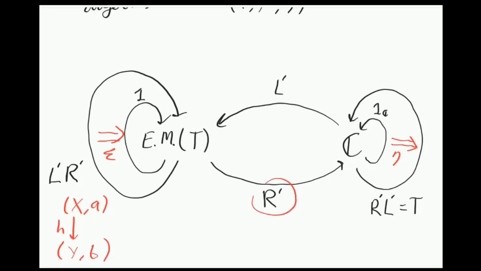Well, if we do this R' functor on this arrow, we end up with an arrow of the category C, and that's just going to be the original arrow h from x to y here. So this functor R' is really just a forgetful functor which takes an algebra and then it forgets about this fancy structure and just gives us the underlying object.